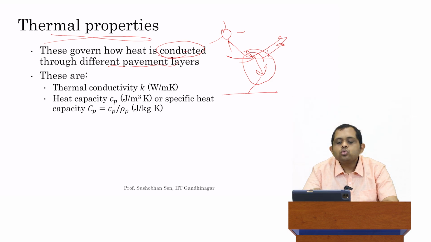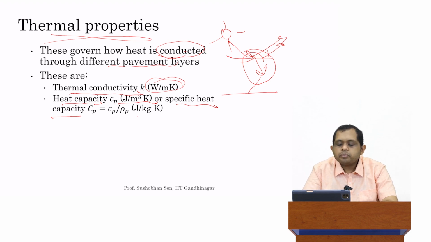There are basically 2 thermal properties that we're interested in, although as I'll show in practice, we combine them into one single value. These 2 are the thermal conductivity, which is in units of watt per meter Kelvin, and then heat capacity. Heat capacity is in units of joules per cubic meter Kelvin, but more usually we use a term called specific heat capacity. Anything specific means it's per unit mass.